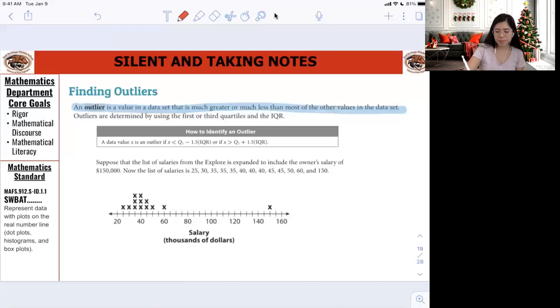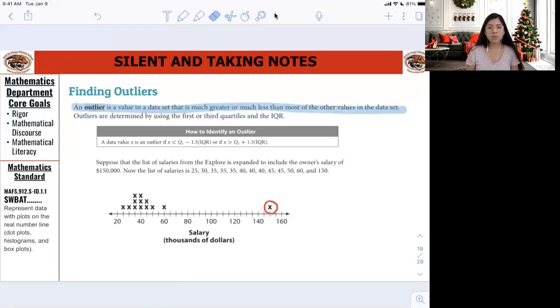In any case, this one seems to be way, way larger than all the rest. In this example, I would say that's pretty obvious. But sometimes you might see one that is over here or over here, and it looks like it's a little bit out of the way, but it's hard to tell whether or not it truly is an outlier, because an outlier has a very specific definition.